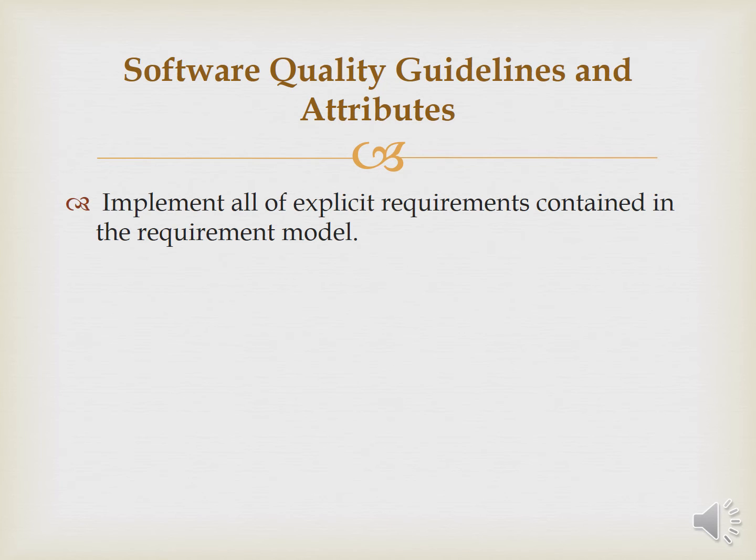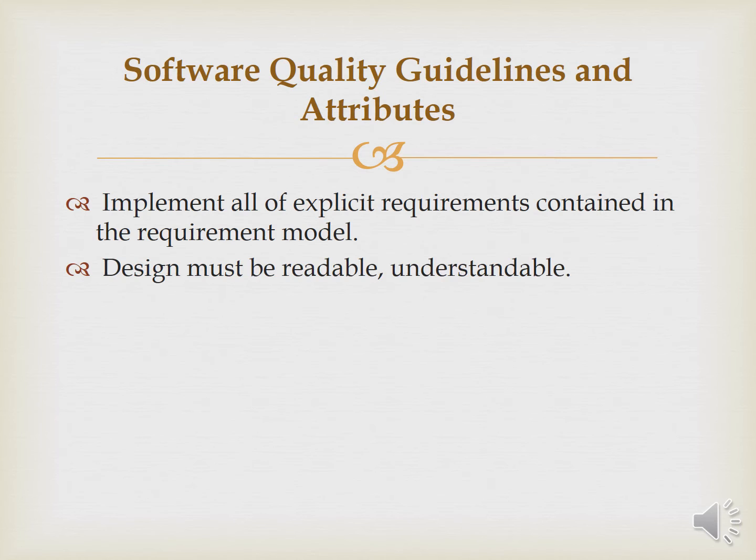The first one: the design must implement all the explicit requirements contained in the requirement model, and it must accommodate all of the implicit requirements desired by stakeholders. The design must be a readable, understandable guide for those who generate code and for those who test and subsequently support the software.